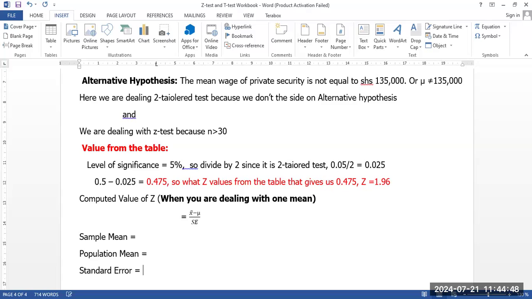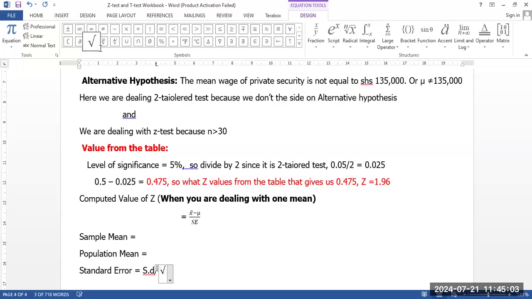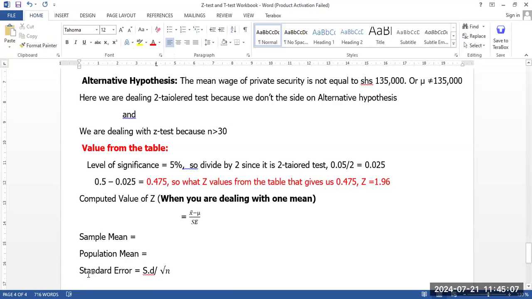And the standard error, remember you are dealing with one mean, the formula remains the same: the standard deviation divided by root n. That is if you are dealing with a sample that is above 30. If it is below 30, it is n minus 1.